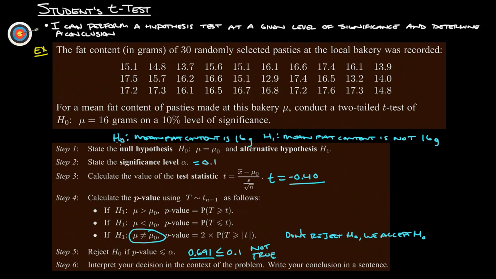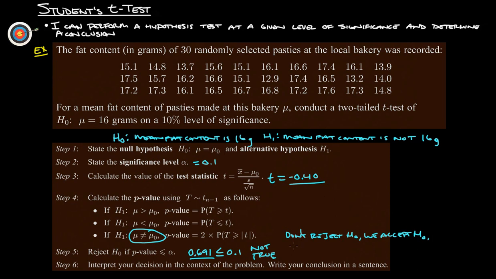And then back up here, H0 is our mean fat content is 16 grams. So basically, we cannot conclude that the mean fat content is significantly different from 16 grams, is basically what they're getting at. It's a weird way to state stuff, I know, but we accept H0.